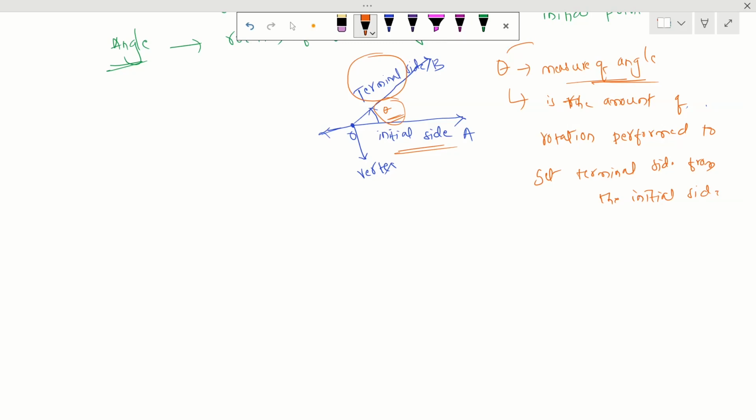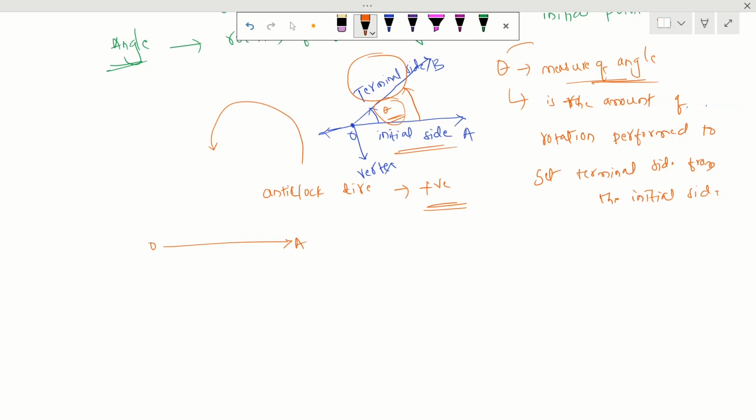Now we'll discuss in which direction the ray is rotating. Here it is rotating in the anti-clockwise direction, so this rotation is positive. If the angle is rotating in the positive direction, then the angle is positive. What about a negative angle?